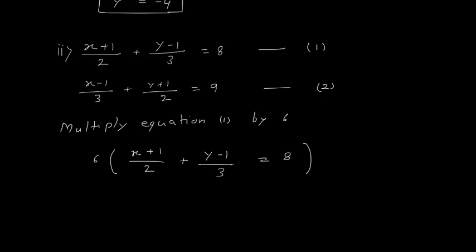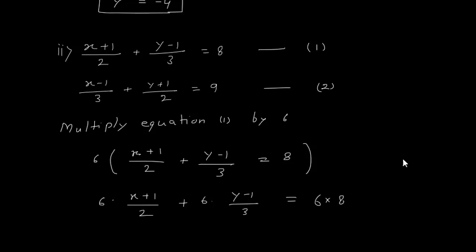So that means this 6 is multiplied by every term, and then you can say that 6 into x plus 1 divided by 2 plus 6 into y minus 1 divided by 3 is equals to 6 into 8.